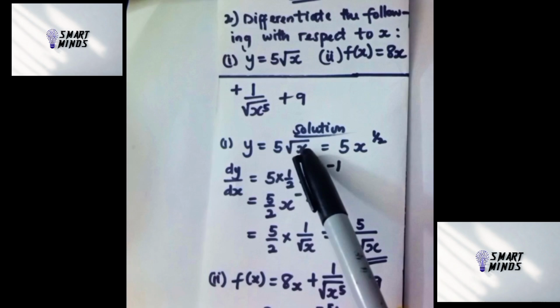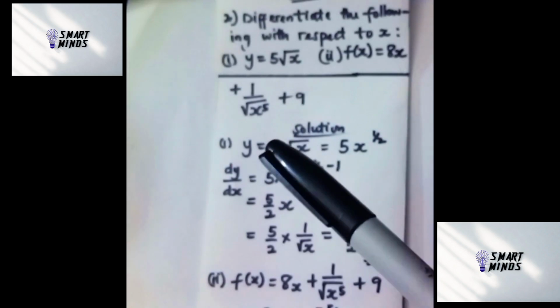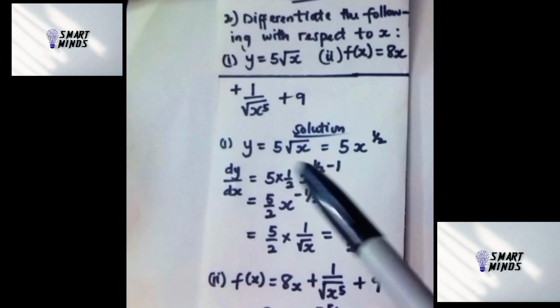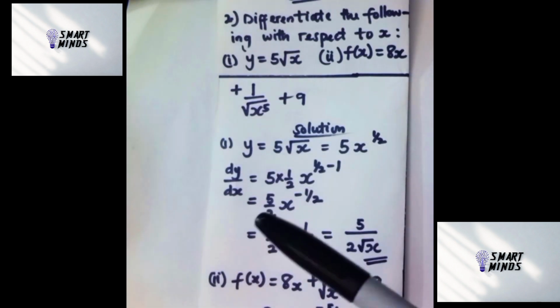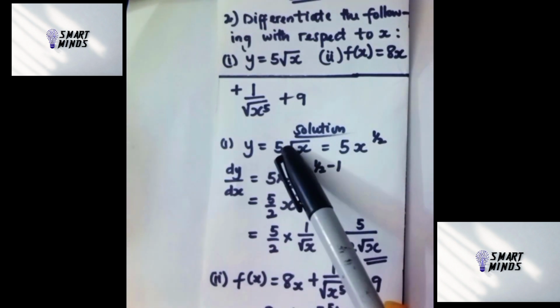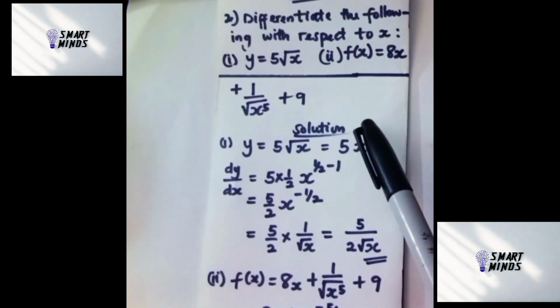Now if you look at this, we need to rewrite this expression so that x can take a power, and that's how to apply your general formula of differentiation. Okay, so if x does not have any power, then we can't differentiate. So I need to rewrite this square root of x as x raised to power 1 over 2.